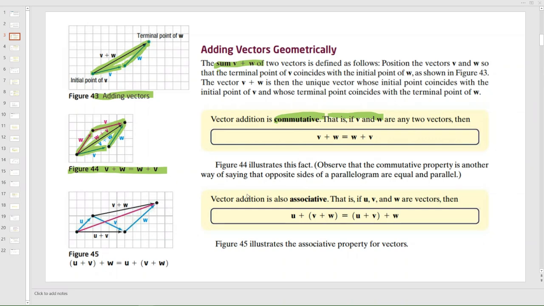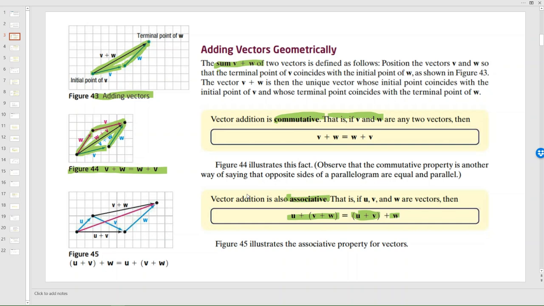And if we remember the associative property, this is the one that says if I add in a different order, in other words, if I do my parentheses first and then take u plus whatever the result of v plus w is, I get the same result if I take the result of u plus v and then add w. So it's a little more busy looking in here to demonstrate it, but let's just do this.